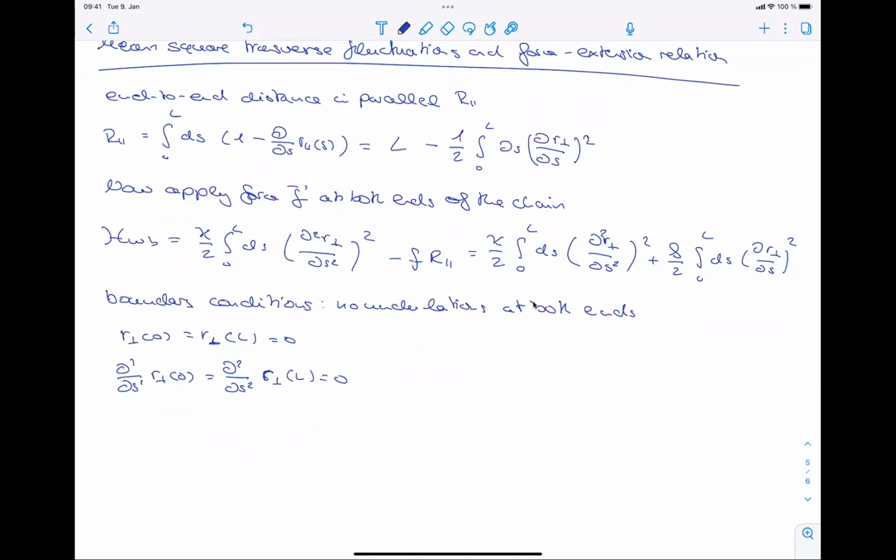And then I can make the ansatz to expand these undulations in a Fourier series.